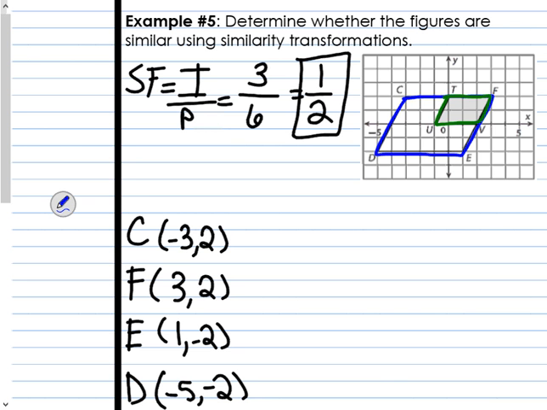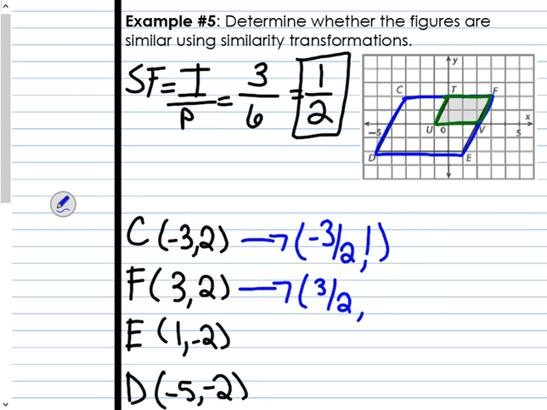So now we're going to dilate it, and we already found that our scale factor was 1/2. So I'm going to take all of these points, and I'm going to cut them in half. So this becomes -3/2, 1. 2 times a half, or 2 divided by 2, is 1. This becomes 3/2, 1.